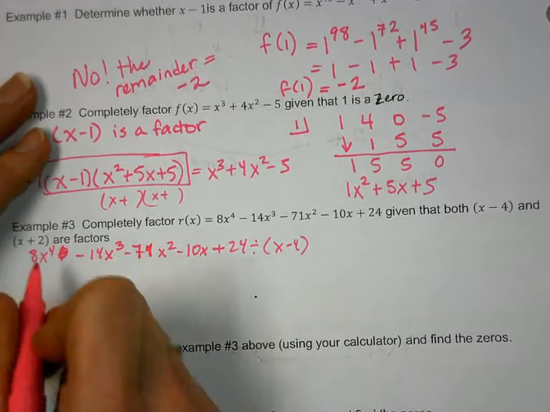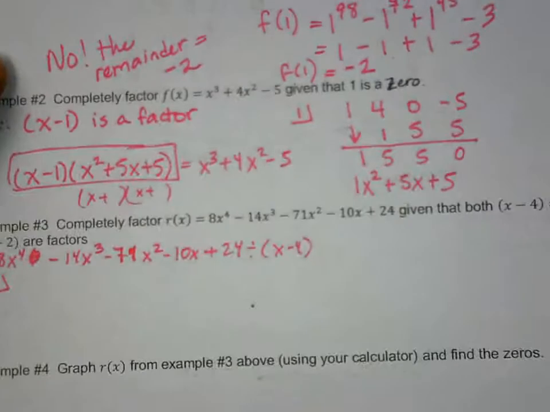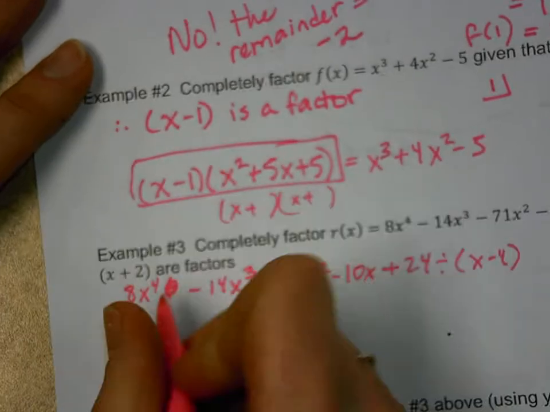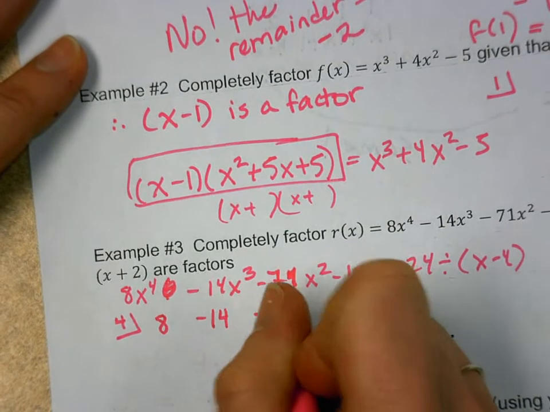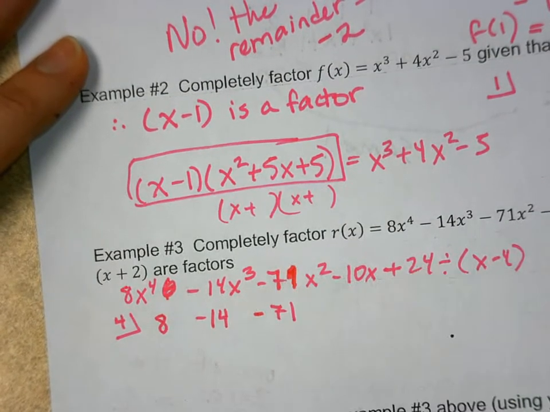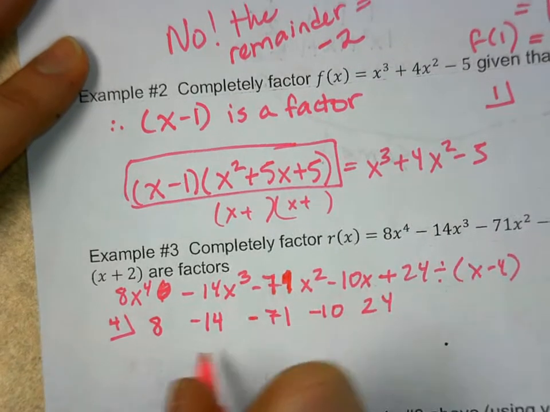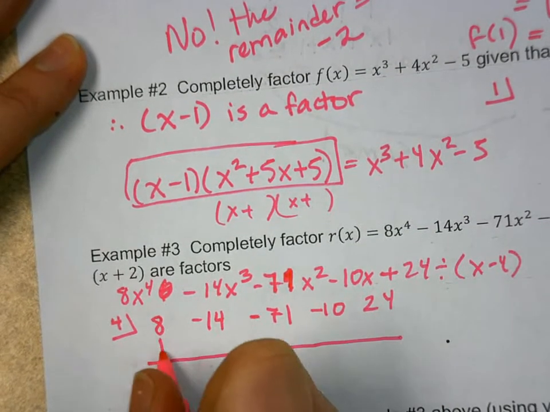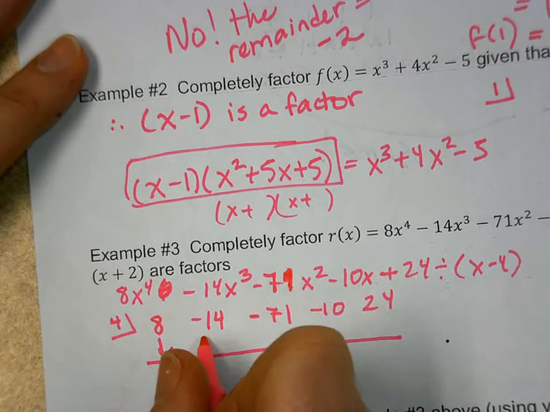I just like it. So I'm putting 4 in the box. Let me zoom in. And I have 8, negative 14, negative 71. That is so poorly written. And negative 10 and 24. And bring down the 8. 4 times 8 is 32.